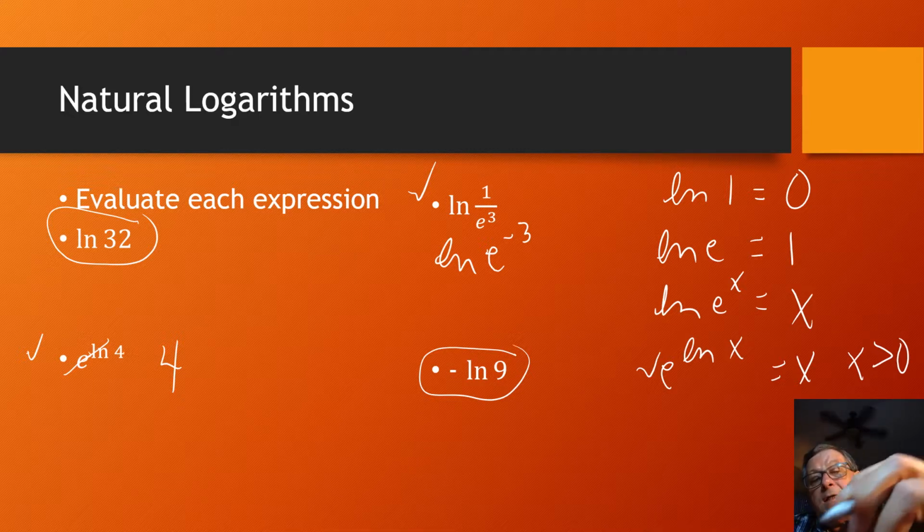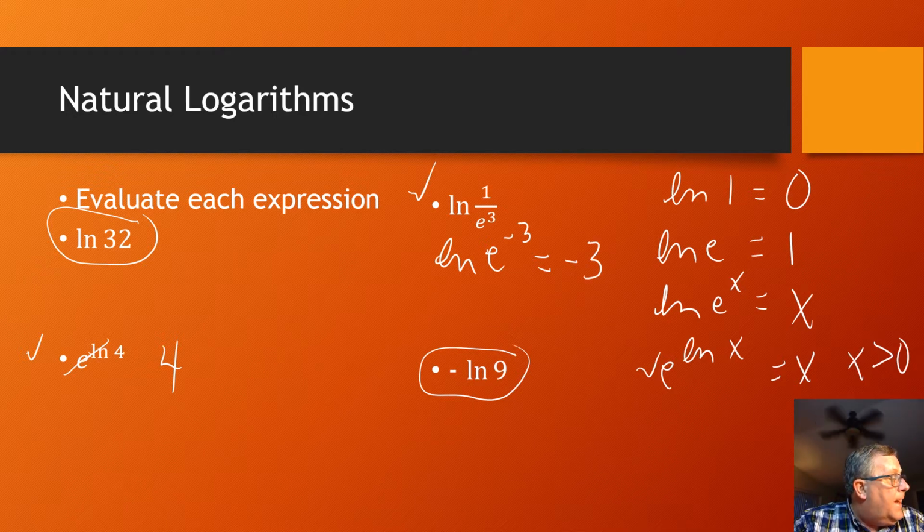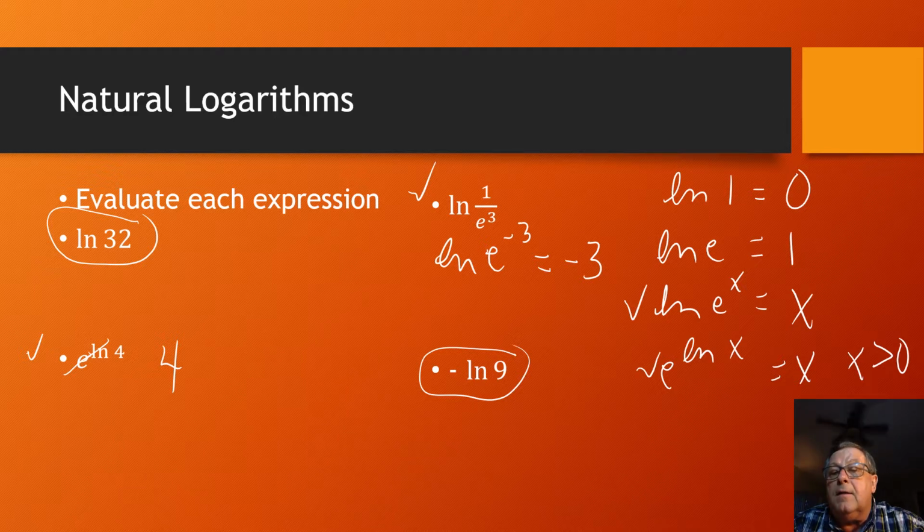And if that's the case, then this is just going to evaluate to negative 3. And that fits this property right here: ln of e raised to the power of x is equal to x. So sometimes you got to think a little bit. You could get confused with that 1 over the natural base raised to the third power, but that's the same as the natural log of the natural base e to the negative third power.